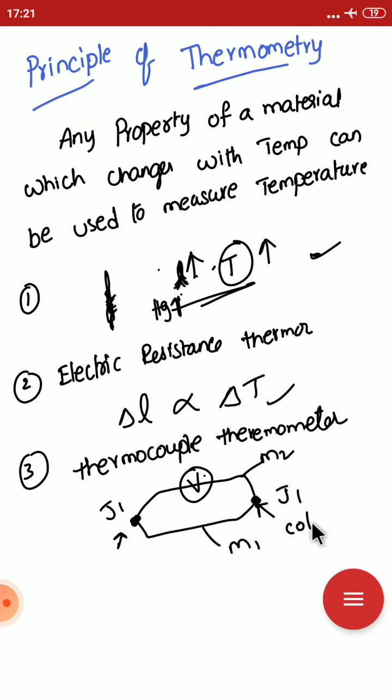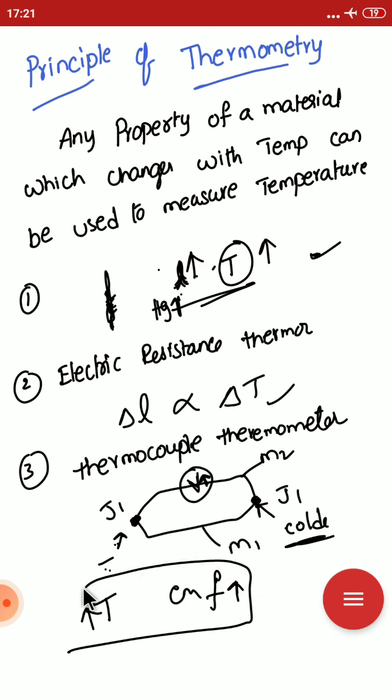Generally one junction is kept at a reference temperature, and the other is where you have to measure. Because the two are at different temperatures, an EMF is generated. So here also the property changes with the increase of temperature, which shows the principle of thermometry.